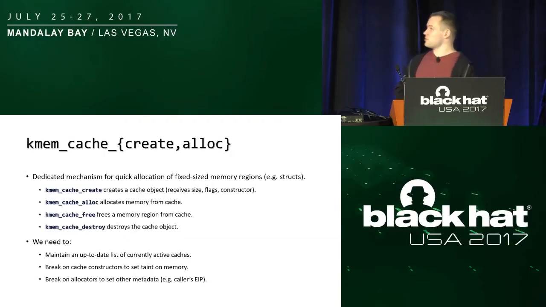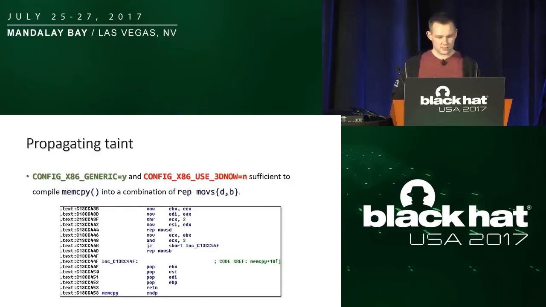Then we have this troublesome family of kmem_cache functions, which create a cache of allocations which are initialized and tainted at the time when the object is initialized, but not at the time when it is requested. So we have to implement some additional logic to account for that.